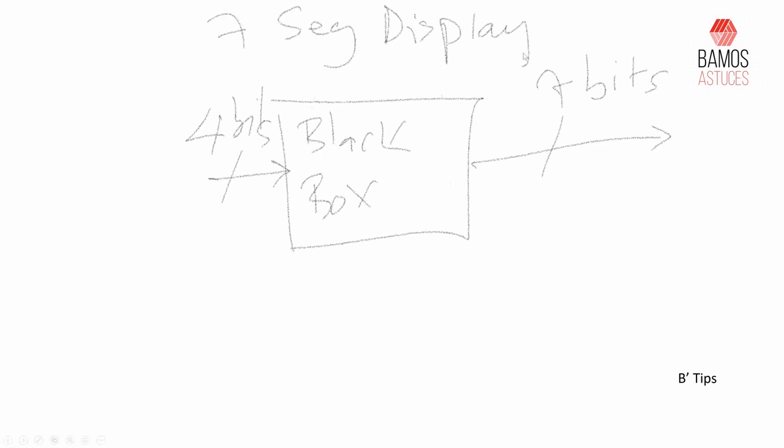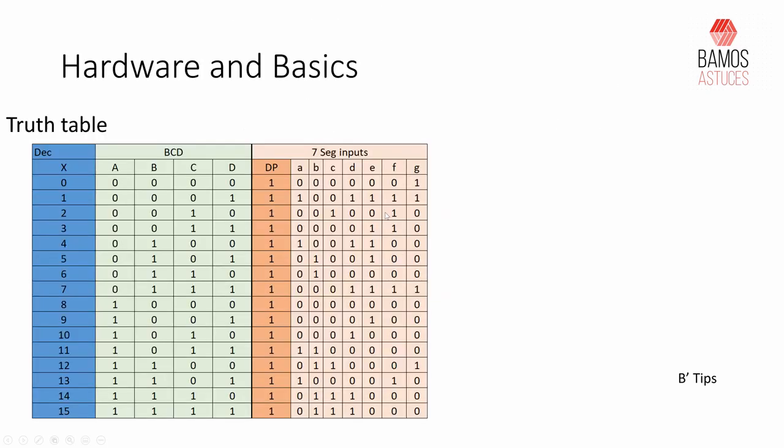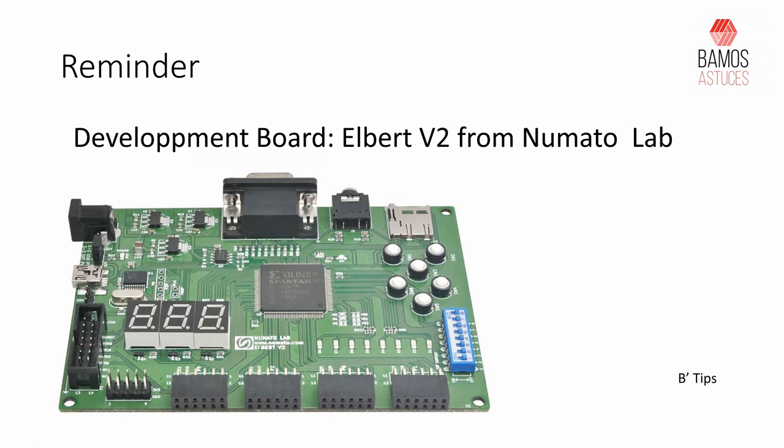We don't need it. And inside this black box, what we have is our very truth table. So just join me in the next step to see how we want to realize this function.